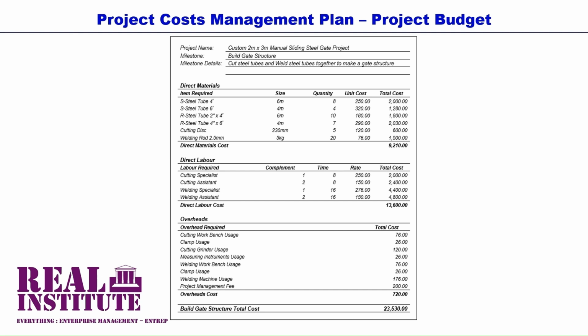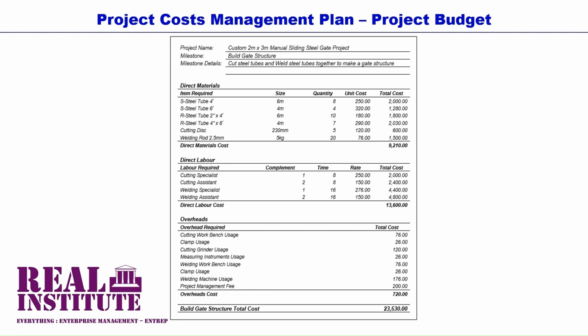And the total cost for all the direct labor activities of the build gate structure milestone is 13,600.